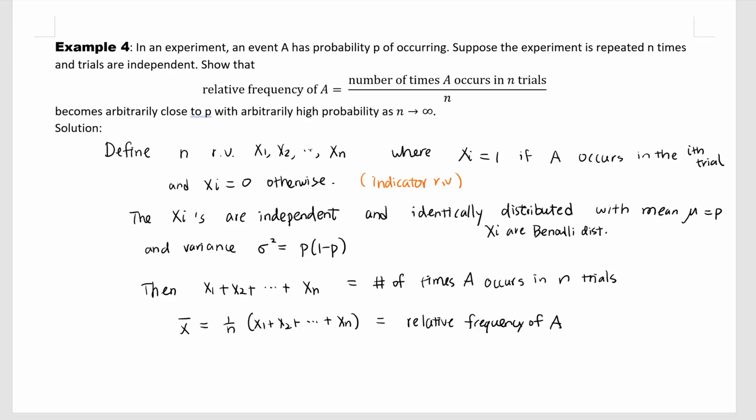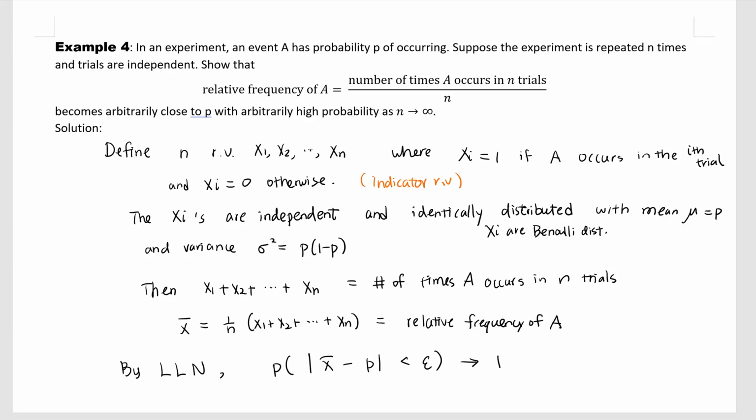Okay, almost there. We know that by the law of large numbers, the probability that the sample mean minus the population mean, which is P, is less than epsilon goes to 1. So the probability of the sample mean being near the population mean is so large.